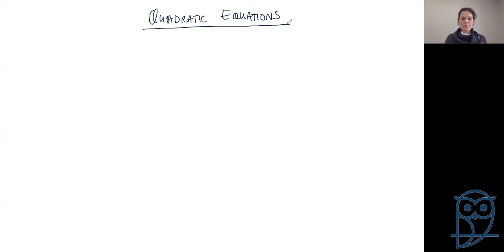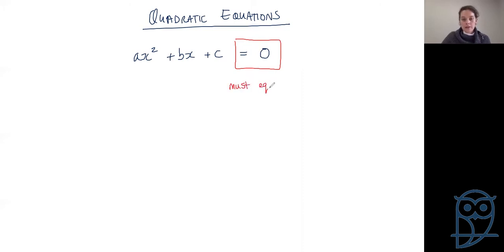There is a big sort of caveat here. ax squared plus bx plus c equals 0. A quadratic equation must equal 0 before you can solve it. It cannot equal anything else if you're going to solve it. Must equal 0.